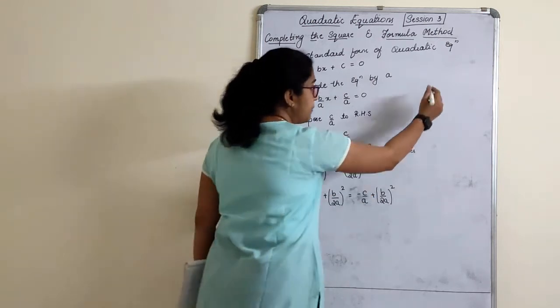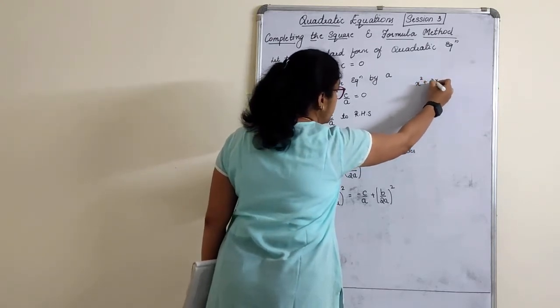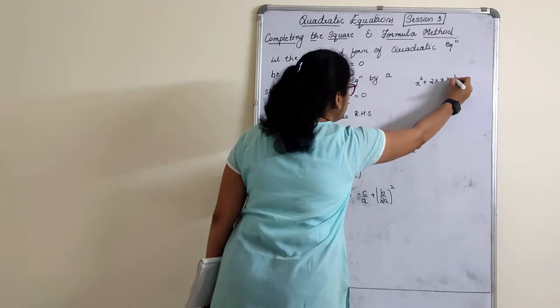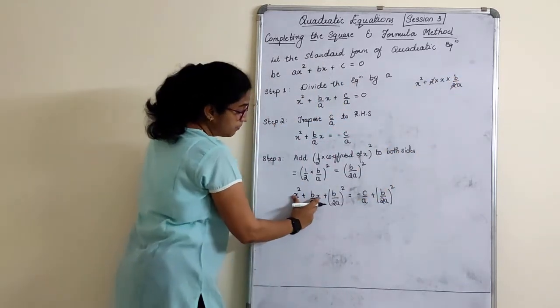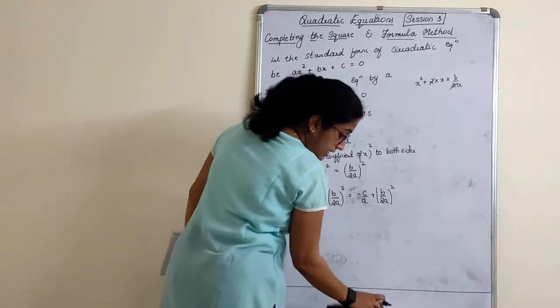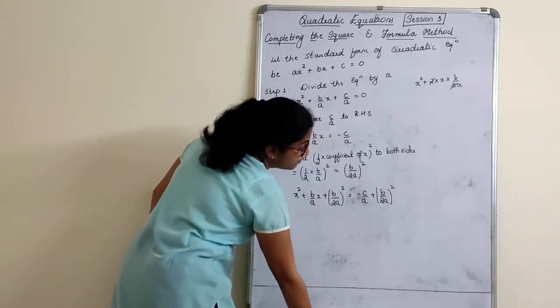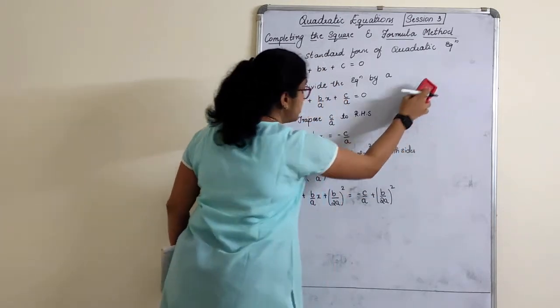How is this 2ab? Just see here: a square plus 2 into a into b. 2 and 2 cancel. What remains? x into b by a is remaining, right?